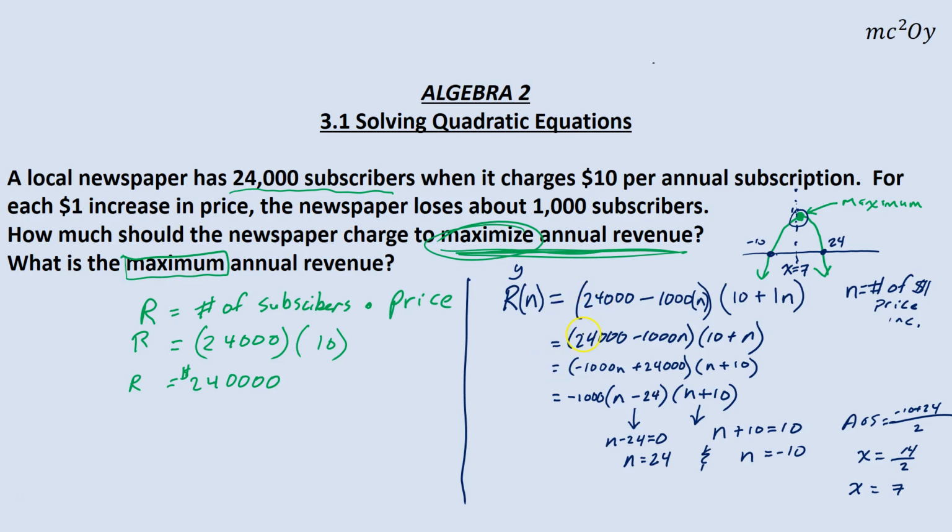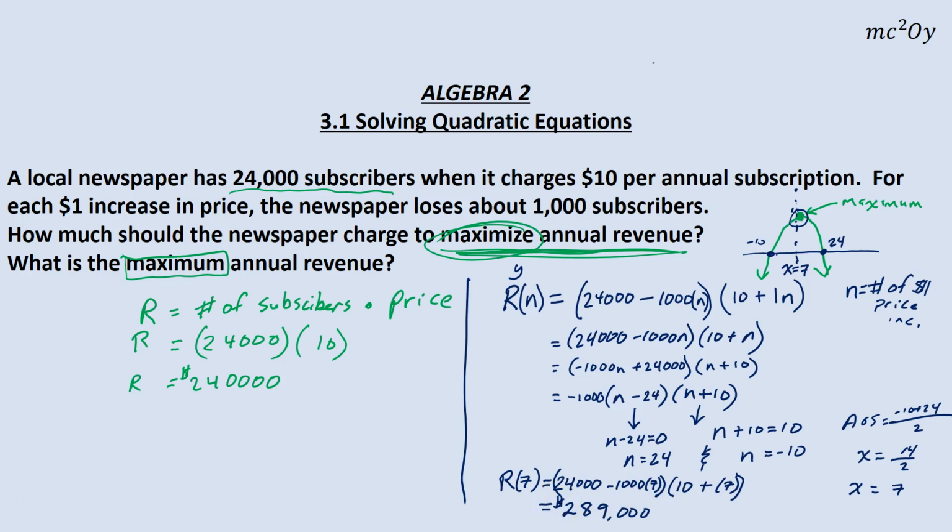If x equals 7, what that means is I substitute 7 into my equation for R of N. So R of 7 is going to be 24,000 minus 1,000 times 7, times 10 plus 7. That's going to give me a revenue, and I'm not going to do all the different steps here, just a calculation of $289,000.